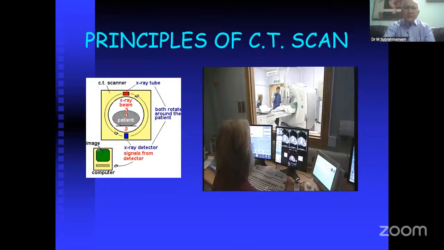What are the principles of CT scan? CT scan is computerized or computed tomography. What is tomography?